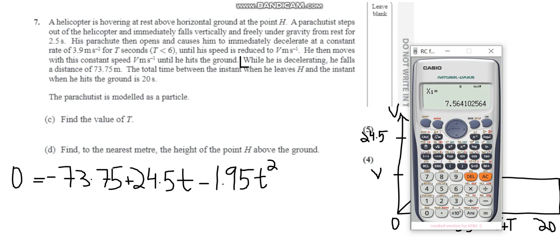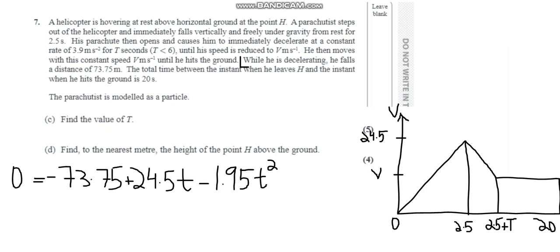We'll go to the next value and press equal, and there you go, that's 5. So our t is equal to 5 seconds, and that's our C part done.